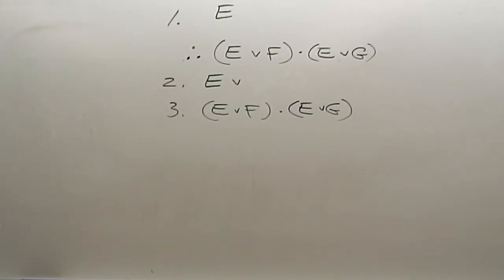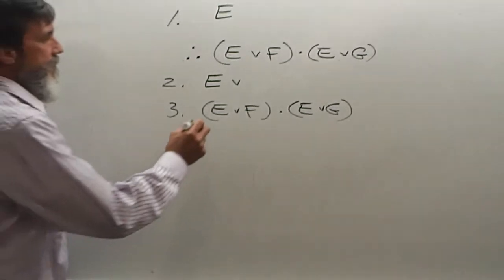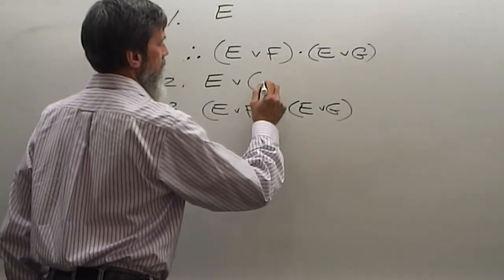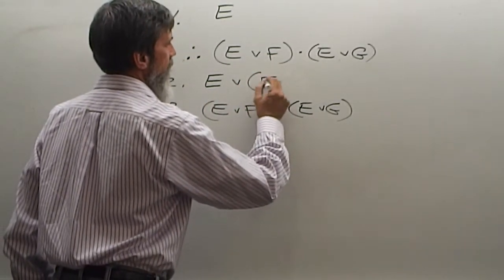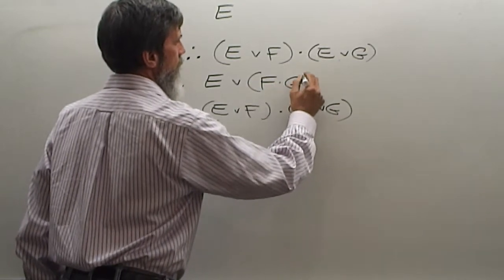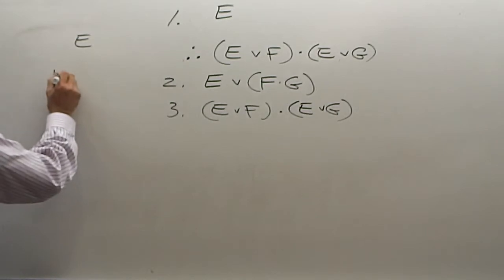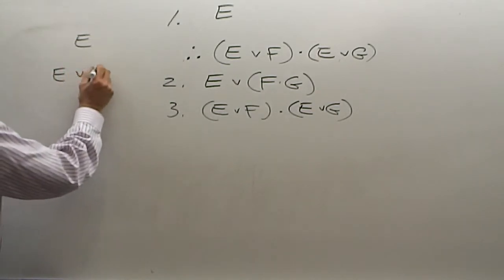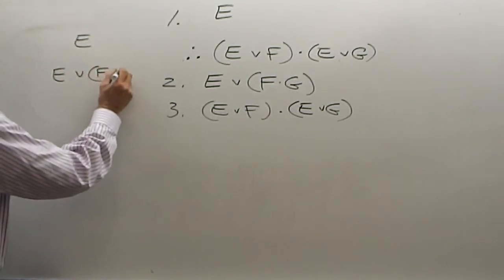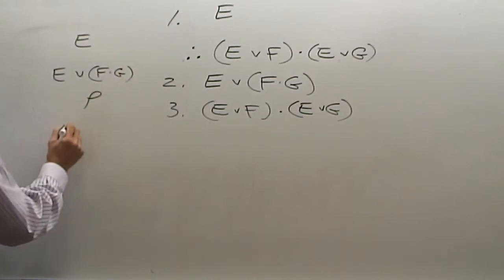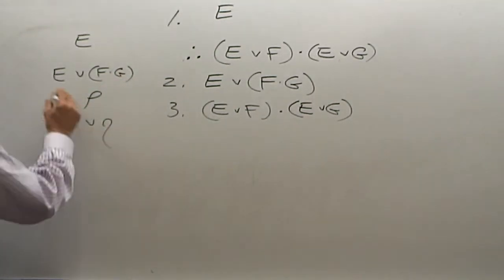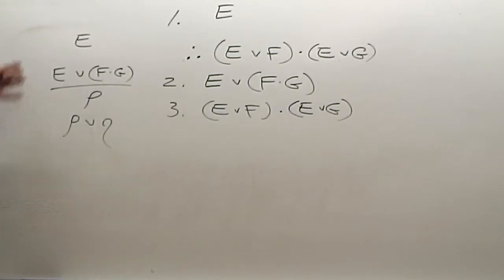Anybody else have it? What does it look like? E wedge, parentheses, F dot, G, sorry. Okay, so is this in fact distribution? Can we do, I'm sorry, addition? Does that count as this? Yeah, it sure does.